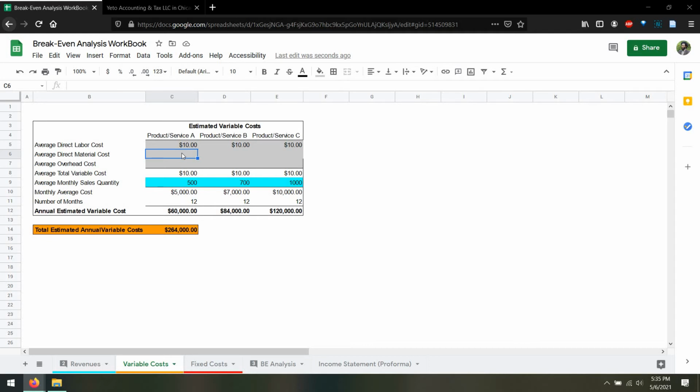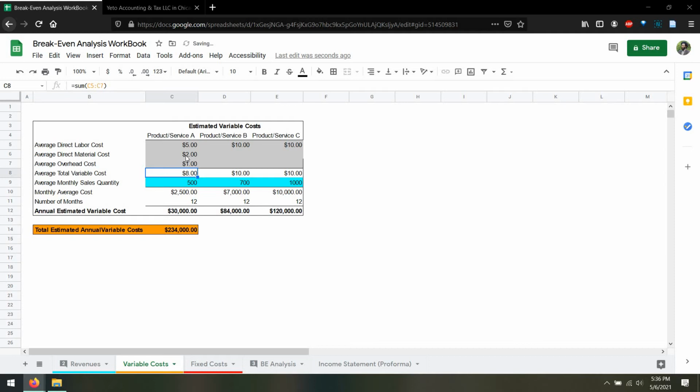Let's just use an average of all that. Okay, let's actually reduce the labor cost to $5 and the material cost to $2 and the overhead to $1.